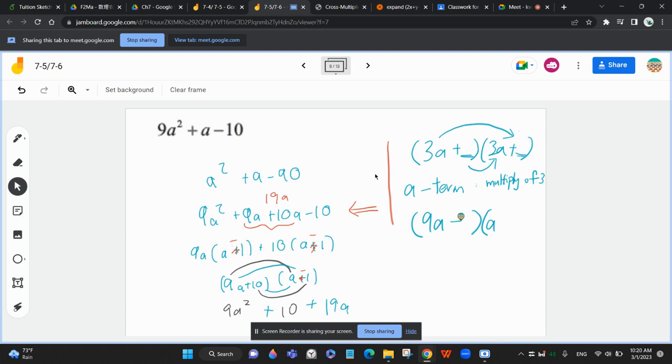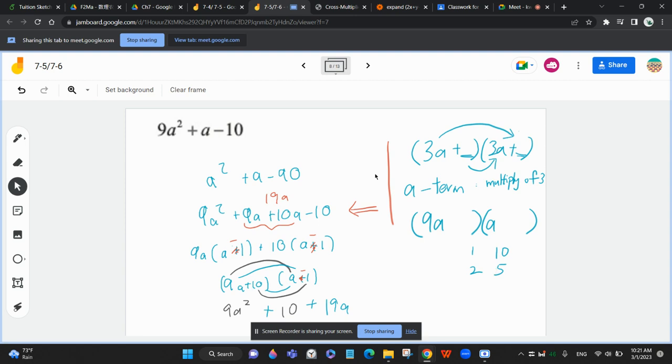Or else, this one is very large, I guess. Wait a minute, let me factor the 10 out first. So 1 and 10, 2 and 5. Yeah, that's all.